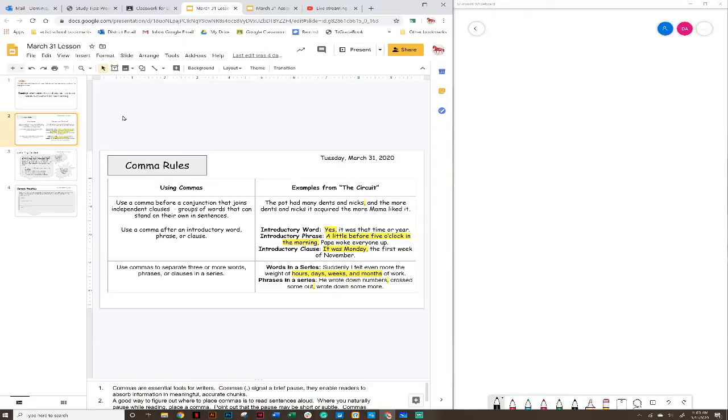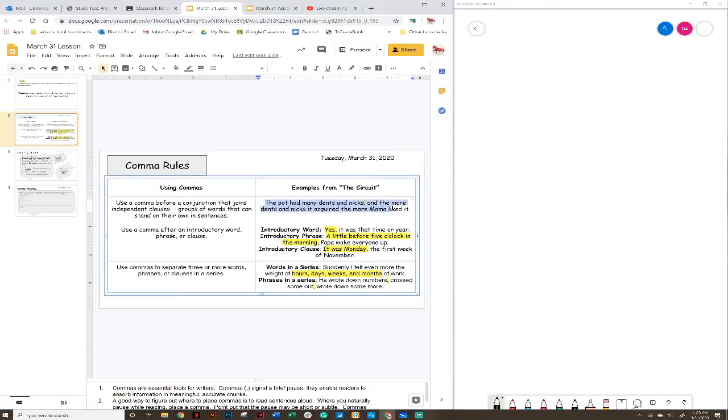So here's this example from The Circuit. The pot had many dents and nicks, comma, and the more dents and nicks it acquired, the more Mama liked it.